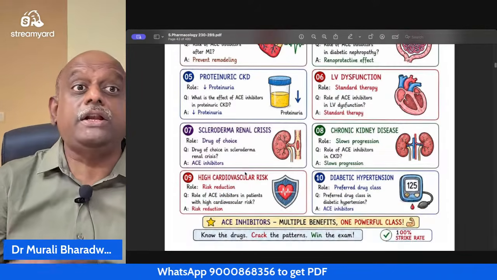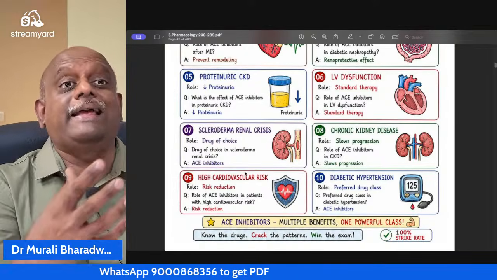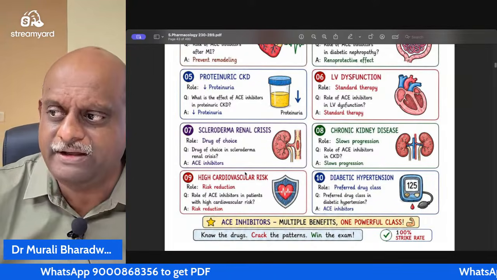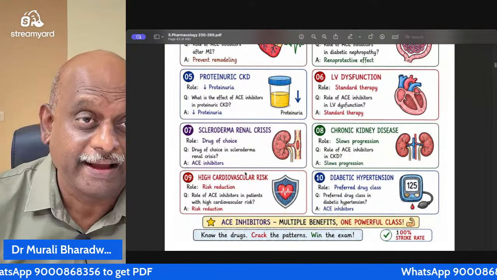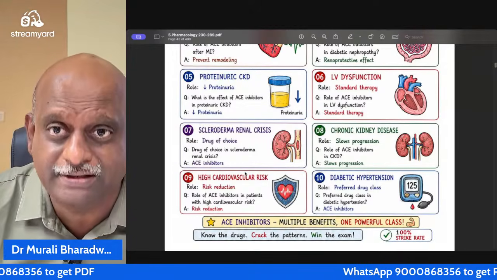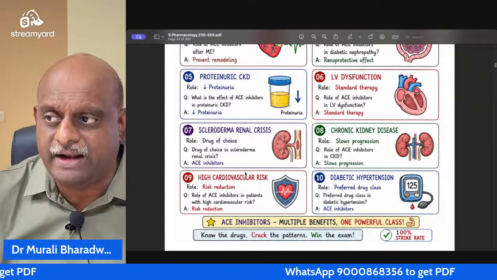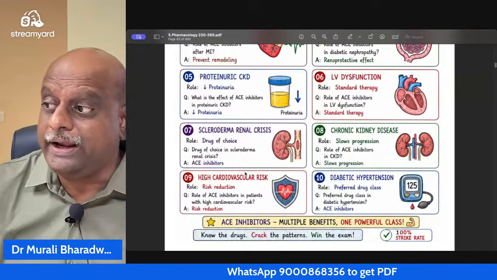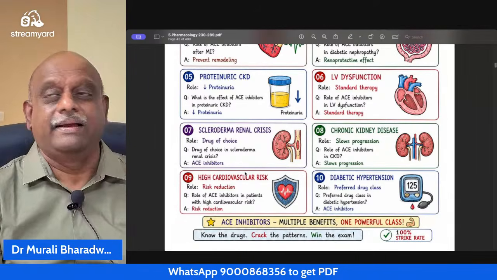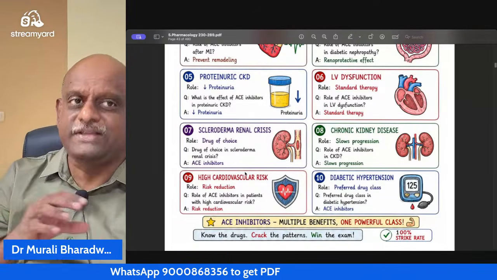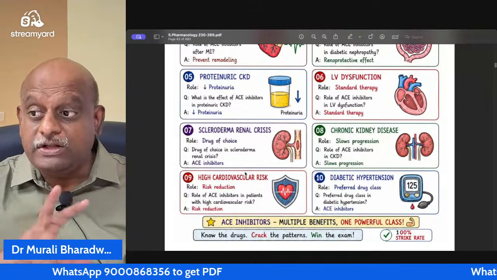Similarly, whenever scleroderma patients have a renal crisis, typically they will have renal failure, renal hypertension. So ACE inhibitors are the drug of choice. Chronic kidney disease, whenever a diabetes patient is having CKD, it will slow the progression.